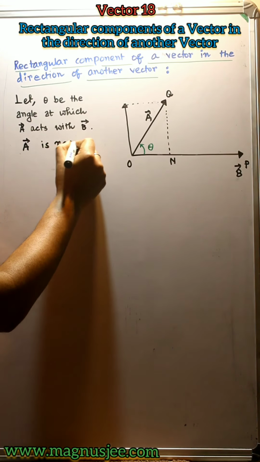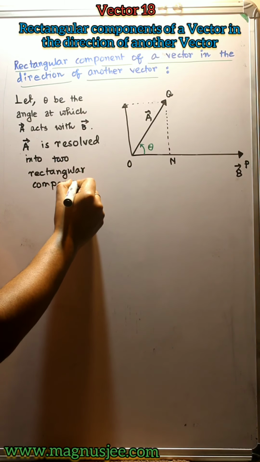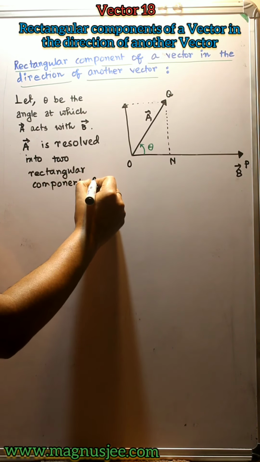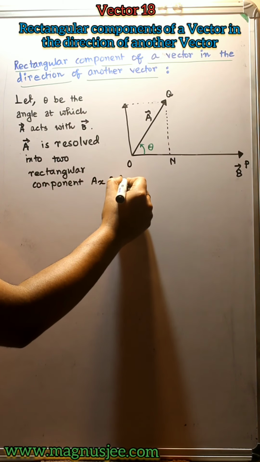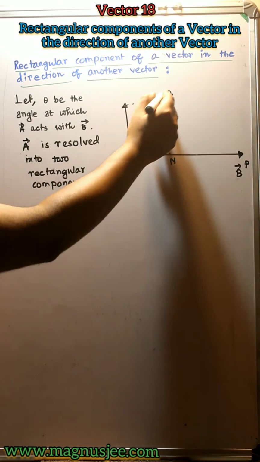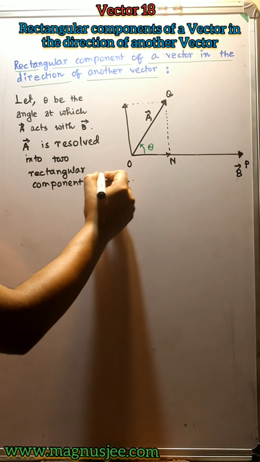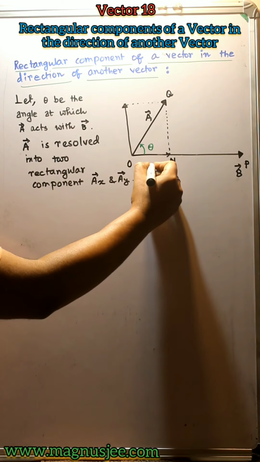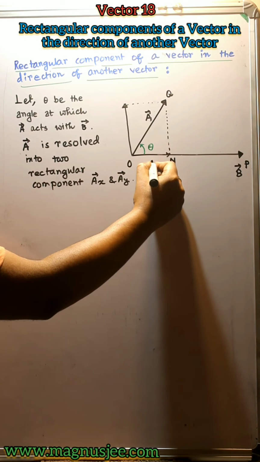Vector A is resolved into two rectangular components, vector Ax and vector Ay.